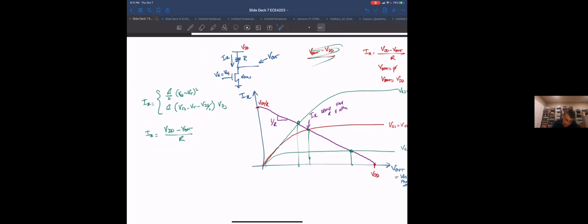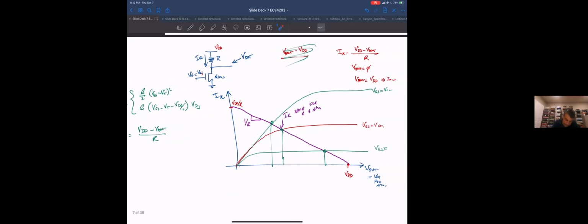First of all, I would have to figure out which equation to use for each VGS. Let's say VGS1. I would first decide if I'm in saturation or linear, then make that equal to this, and algebraically solve for V out for each. Okay, that makes sense. Yeah, that makes sense.